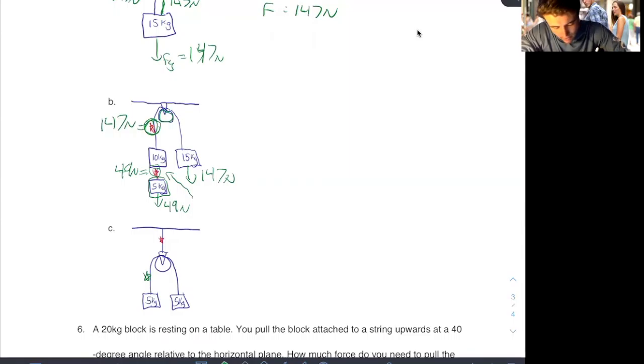So the force of gravity, if I write right here, is pulling down with 10 times 9.8, so 98 newtons. Then we need a supporting force, because nothing is moving here, of 98 newtons in the opposite direction. So the tension force needs to be 98 newtons to support it, essentially.